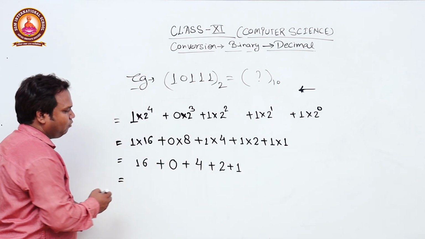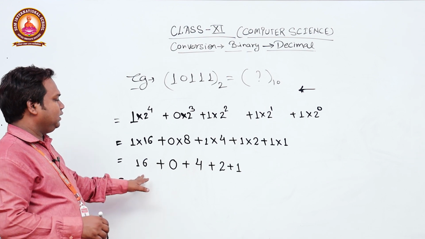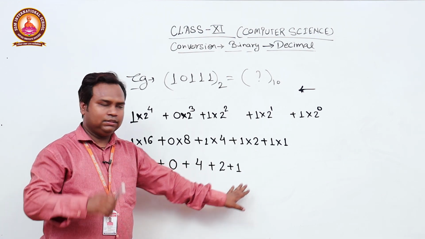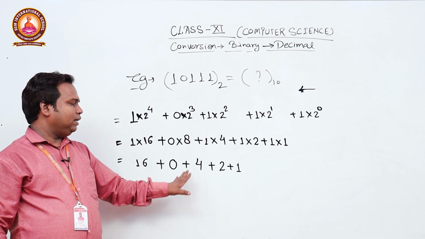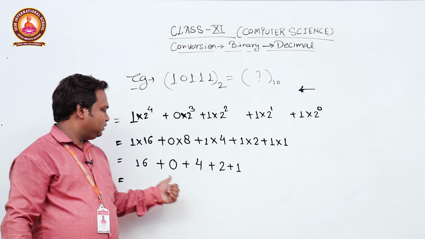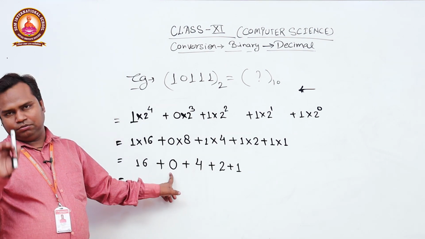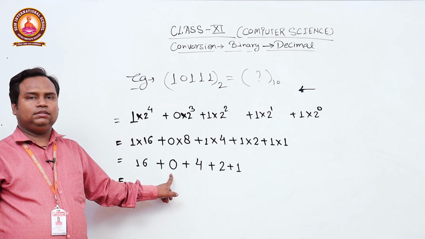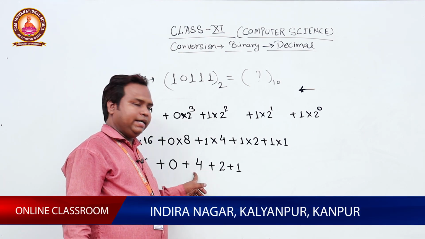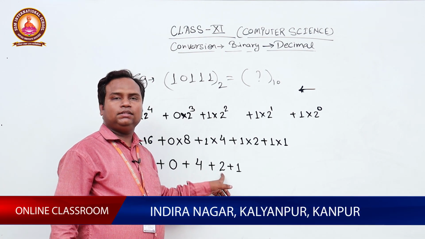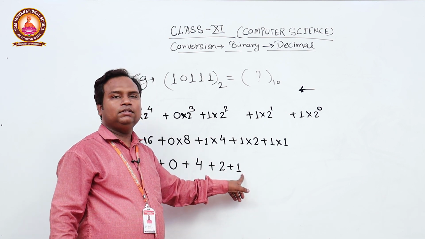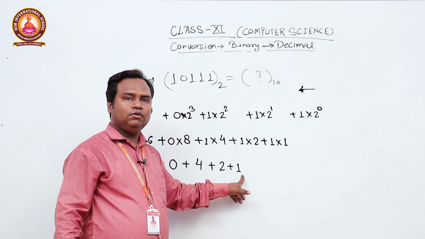Okay, what will be the sum of all the digits? 16 plus 0, 16, plus 4, 20, plus 2, 22, plus 1, 23.